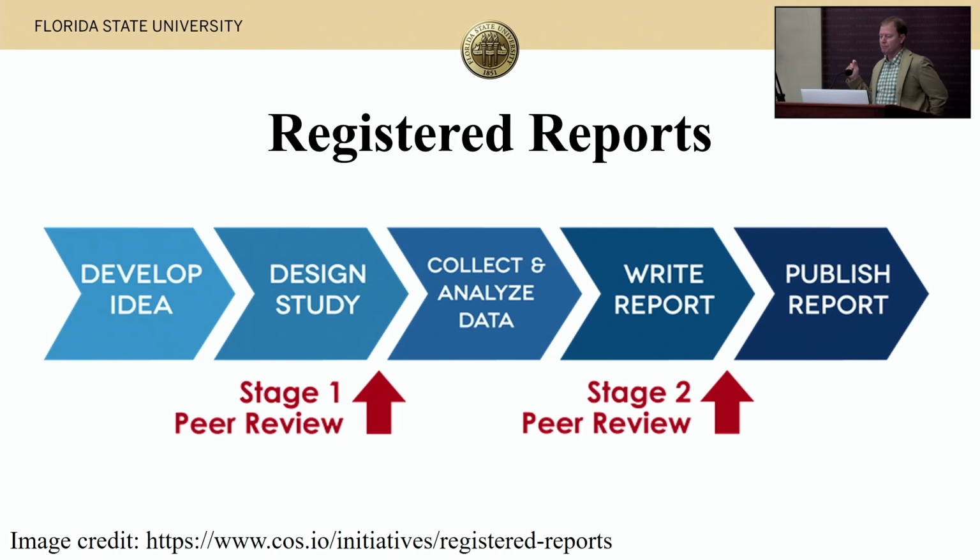You submit that, and that's called a stage 1 peer review, and the editors can send that out for review. You can get feedback from reviewers. I think this is a wonderful thing to do. For those of us old heads, we might not like this, but I think our doc students do, because this is basically how a dissertation works in my field.